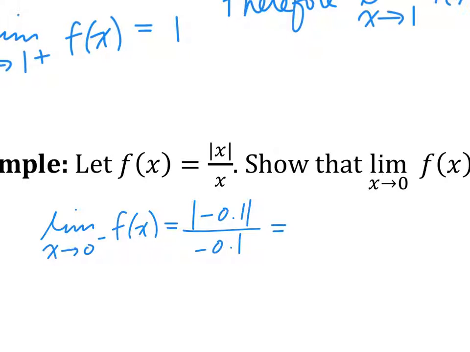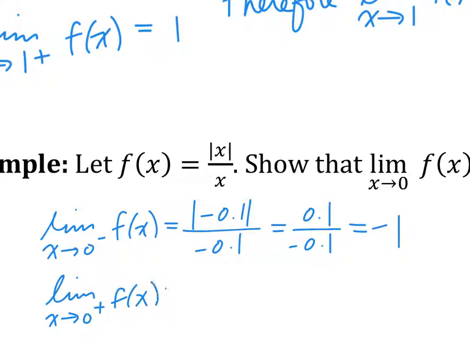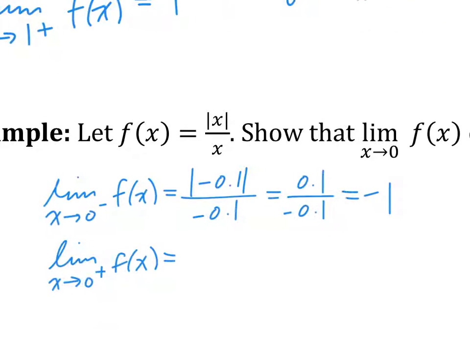Okay, absolute value of negative 0.1 is what? 0.1 over negative 0.1. What is that? Negative 1. Okay, limit as x goes to 0 from the positive side. All right, if we plug it in, we're still going to get 0 over 0, which is a problem. So let's pick a number that's slightly bigger than 0. 0.1, perfect.